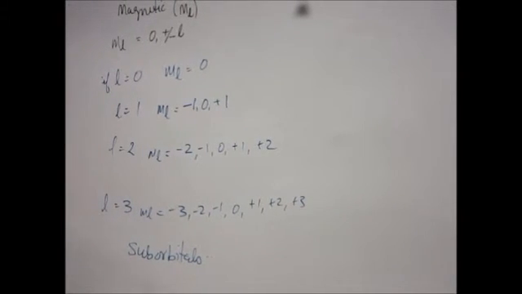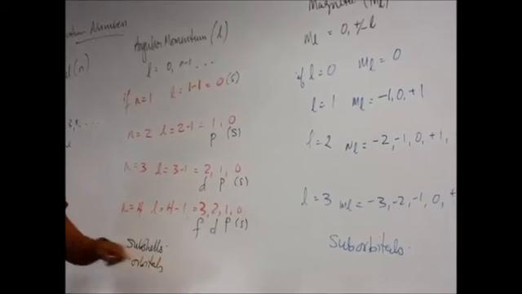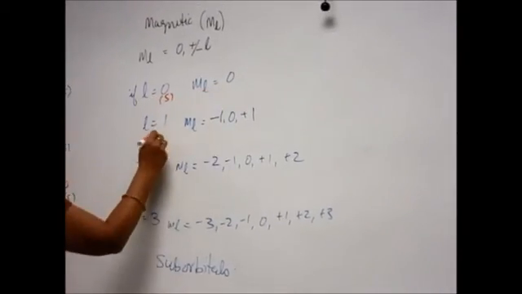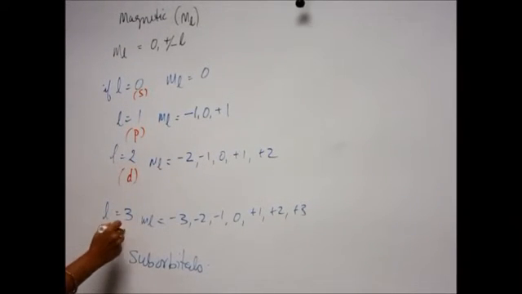L equals 2 has 5. And then L equals 3 has 7. What does L mean here? L is for SPDF, right? That's what it means. So S has 1 suborbital, P has 3, D has 5, and then F has 7.